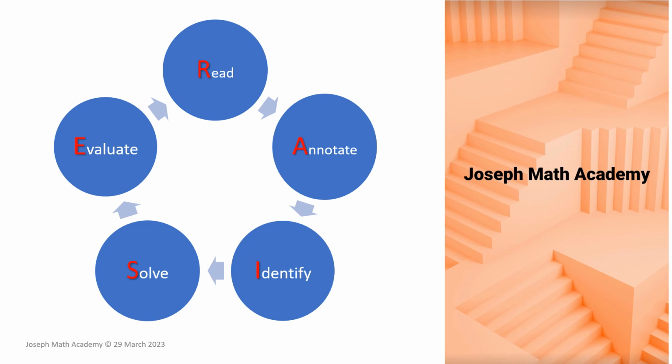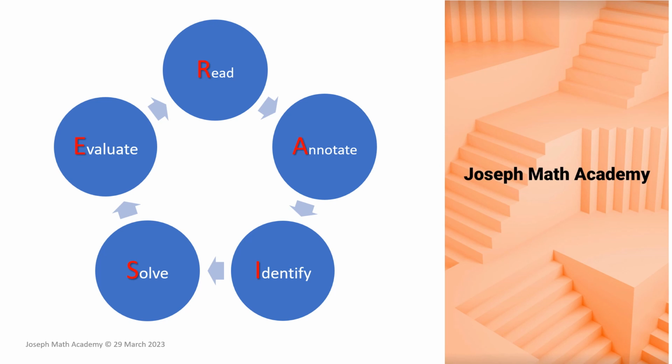When we solve a word problem, we are always encouraged to read carefully, and when we read, we also annotate at the same time. By annotating, we can either underline, highlight, arrow, circle.